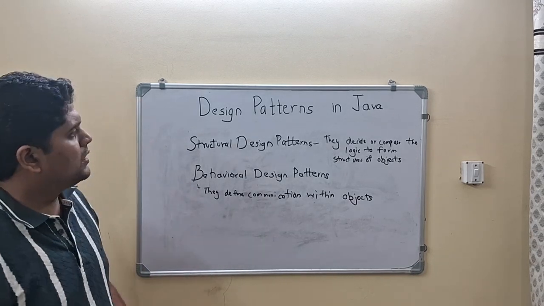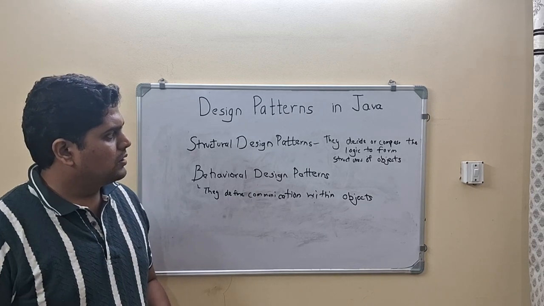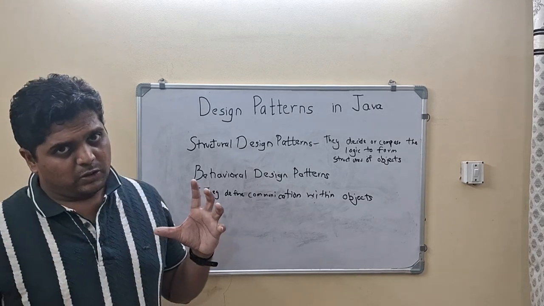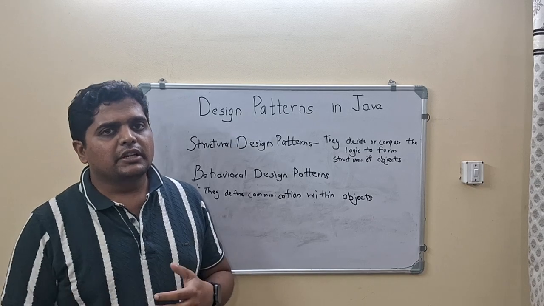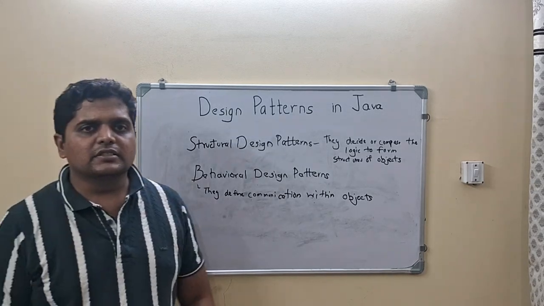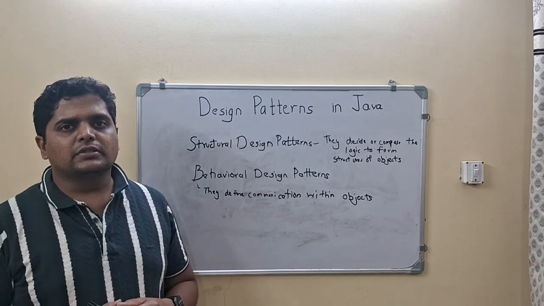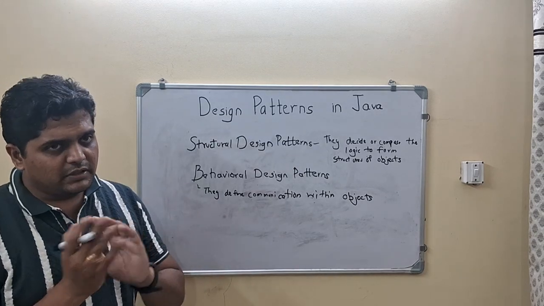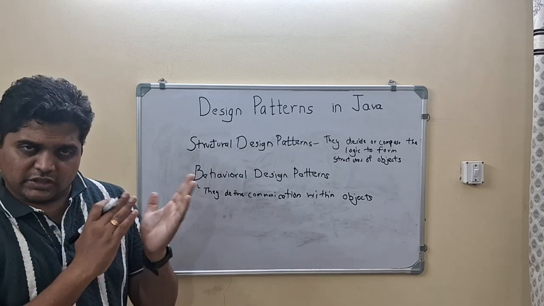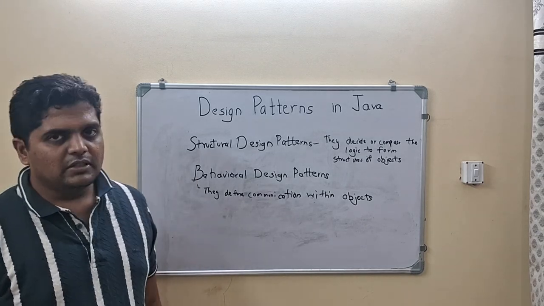After that, we have structural design patterns, which decide or compose the structures, the need for which you have seen, and behavioral design patterns. Behavioral design patterns decide how different objects communicate with each other.